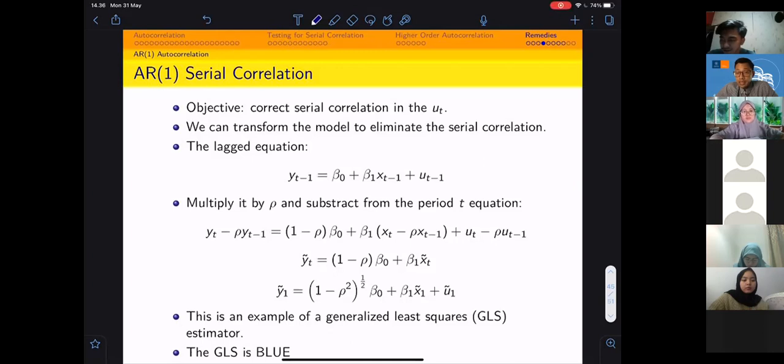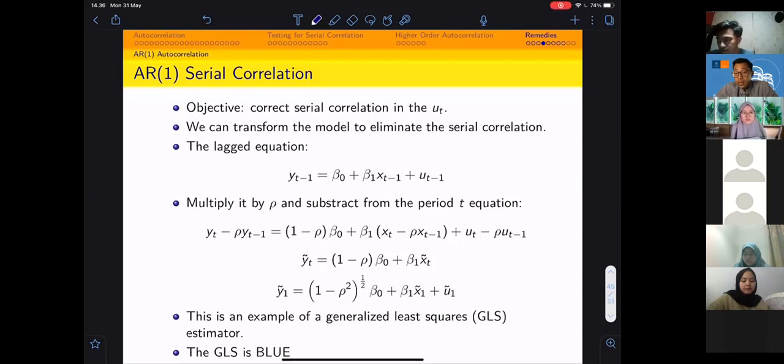Given that, what can you do to transform the model to eliminate the serial correlation? Actually, you don't necessarily eliminate it. A better term would be that we can transform the model to accommodate the serial correlation, because it is always going to be there. We want a model that accommodates it.